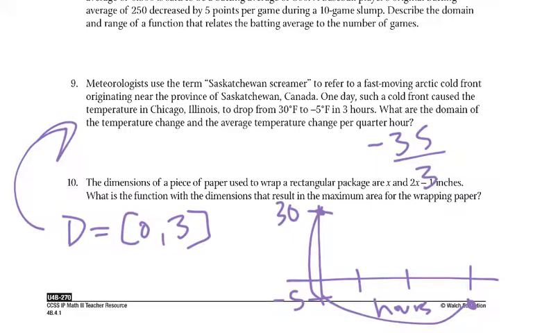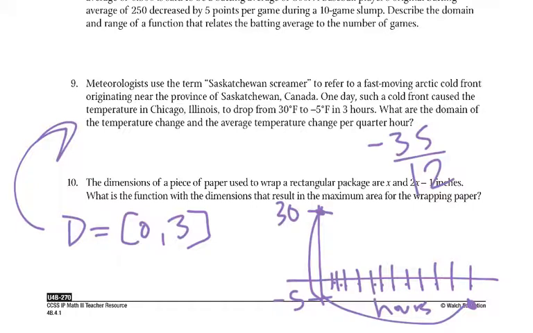Per quarter hour, though. So if we're doing it per quarter hour, I've got to change that, right? Because that means we'd cut each of these into fourths. That would be 1, 2, 3, 4, 5, 6, 7, 8, 9, 10, 11, 12. So we'd need to divide that by 12, because we have to cut each hour into fourths.